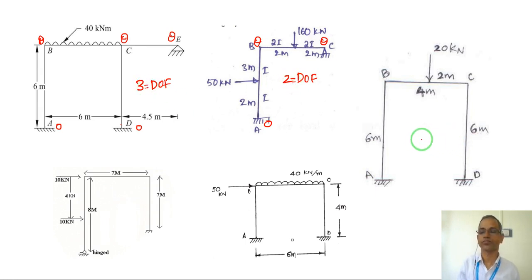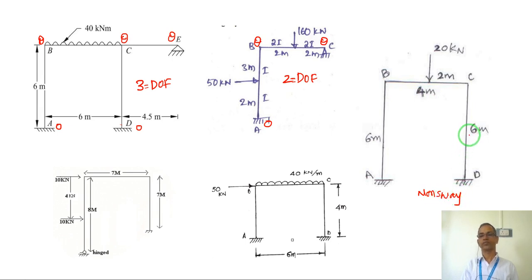Now come back to this frame. Since AB and CD are the same length and the load applied is in the middle, that means geometry symmetry, boundary symmetry, and load is also symmetric. So it is non-sway.